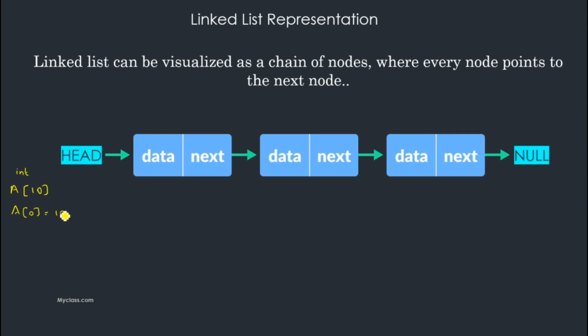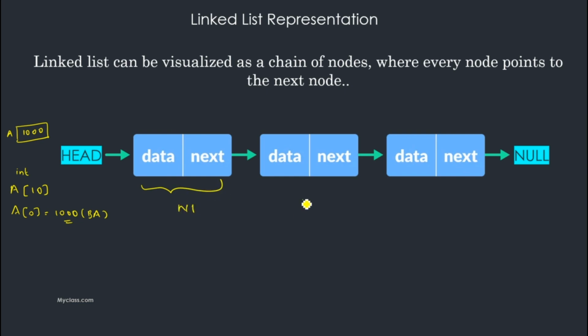Maybe the base address is 1000. Let's assume the base address is 1000. So this array starts from the address value 1000. That 1000 value is stored in a variable, in a memory location.